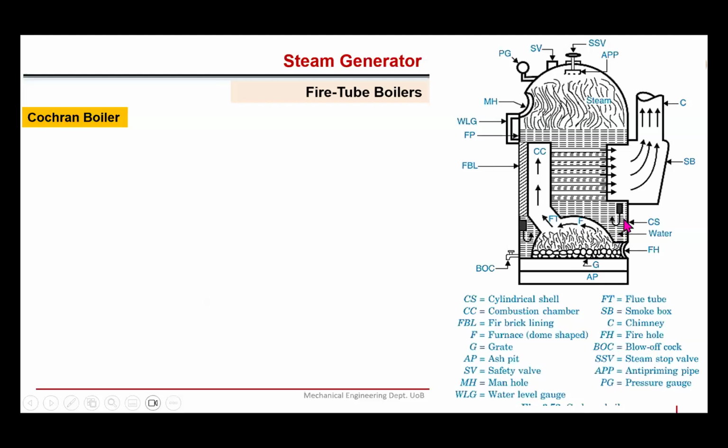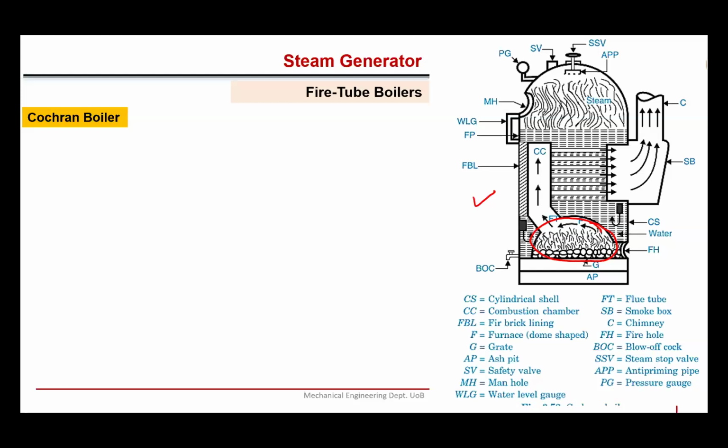Next, now we shall see some practical boilers or industrial boilers which are used. So here you see fire tube boilers. So let's see some fire tube boilers. As you can see in the schematic, here is the portion that is the furnace where hot gases are produced. This is a simple vertical fire tube boiler.